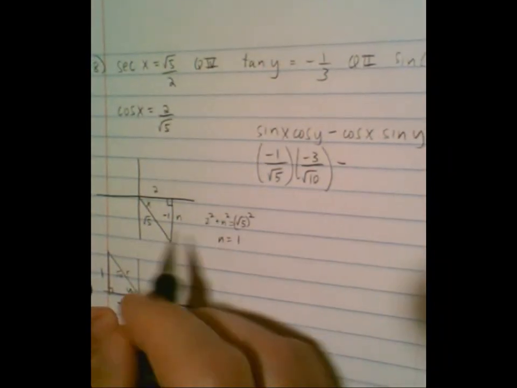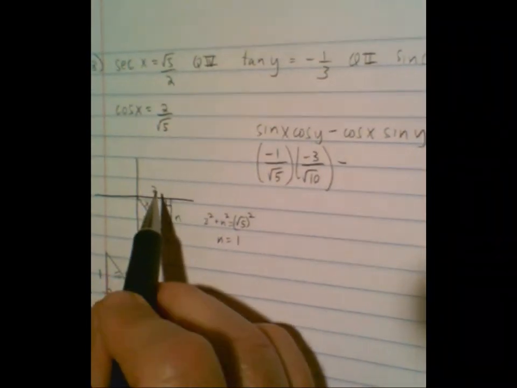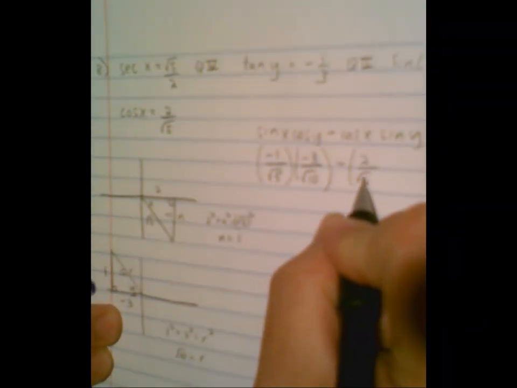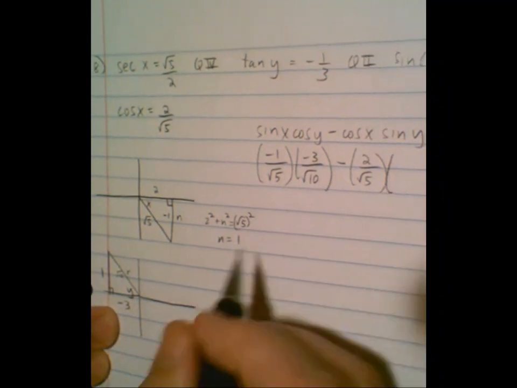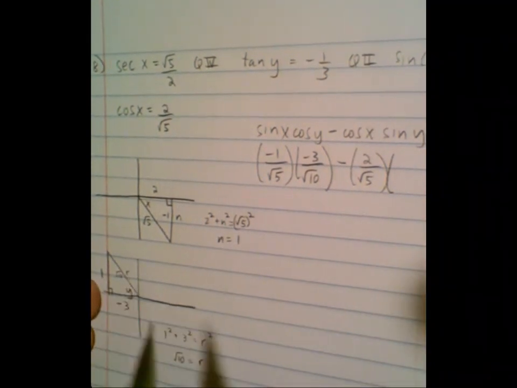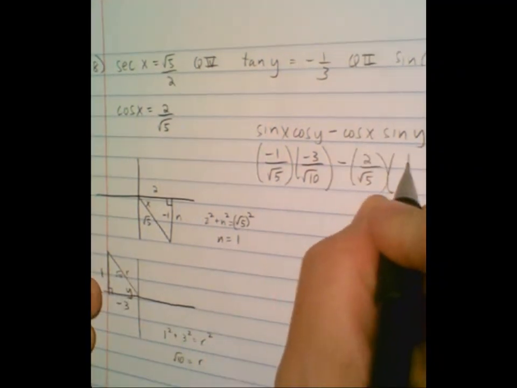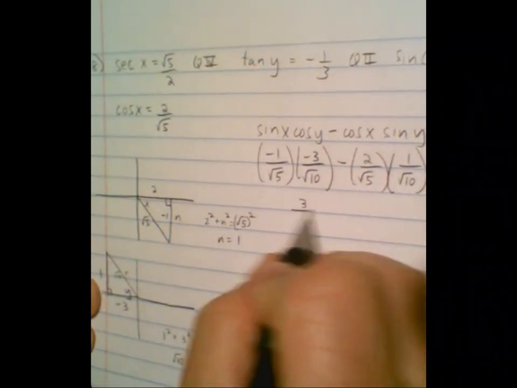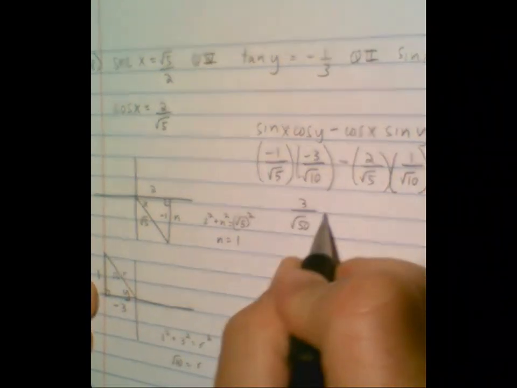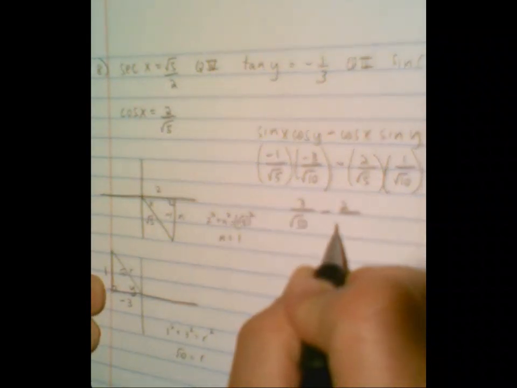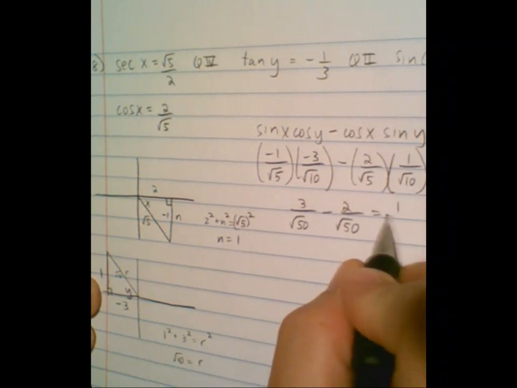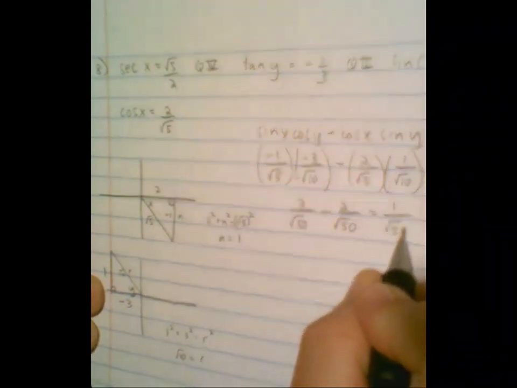Minus cosine of x, adjacent over hypotenuse, 2 over the square root of 5. And the sine of y is opposite over hypotenuse, 1 over the square root of 10. So I have 3 over the square root of 50 minus 2 over the square root of 50 is equal to 1 over the square root of 50.